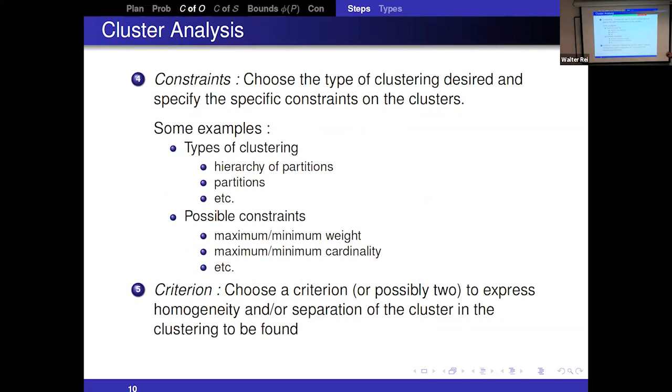So you're evaluating your clustering solutions based on what criteria? Are you trying to minimize the dissimilarity between all elements within a single cluster? Are you trying to maximize the dissimilarity, et cetera? So you're defining the constraints, and defining your objective or objectives for your clustering problem.